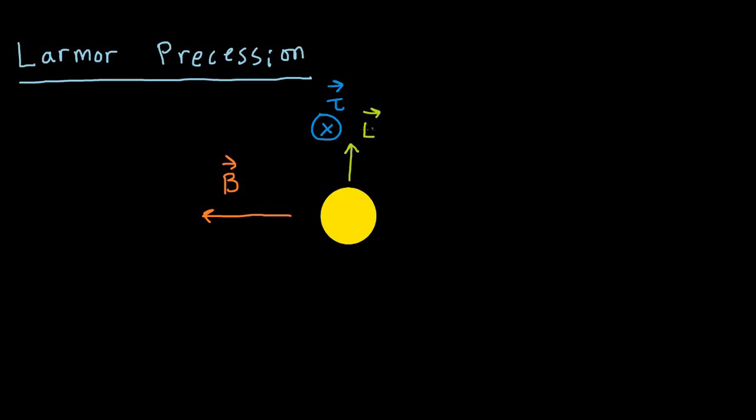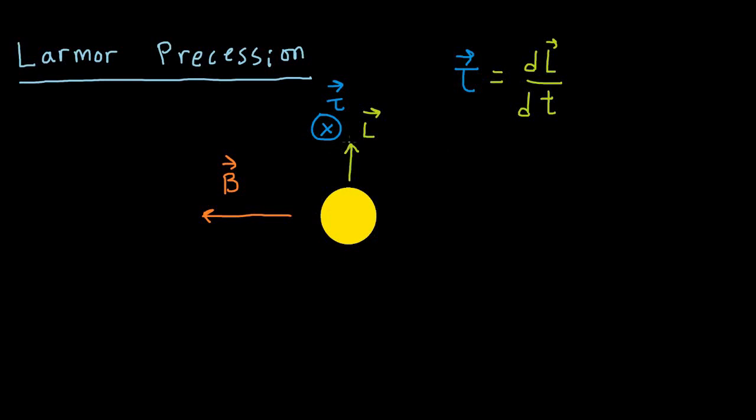So the question I now ask is, what is going to happen to the angular momentum given that we have this torque? So remember that torque is equal to the derivative of angular momentum with respect to time. And because this torque is pointing at a right angle to the angular momentum, this angular momentum vector is going to travel in a circle, because that's what happens when the time derivative of a vector is always perpendicular to the vector.